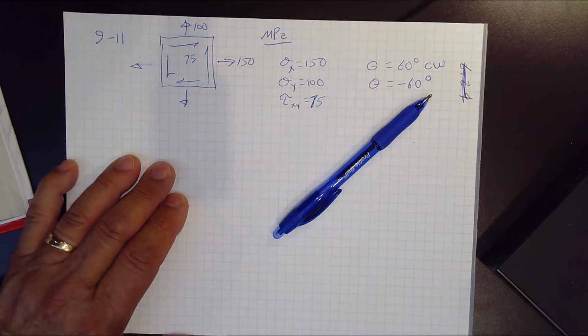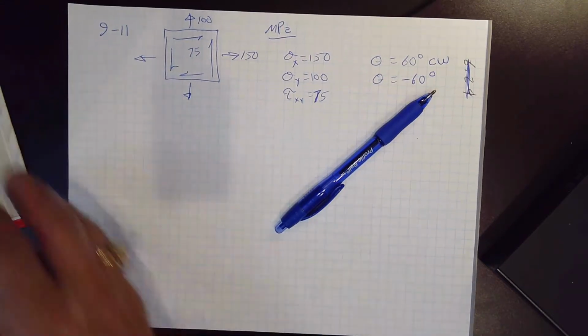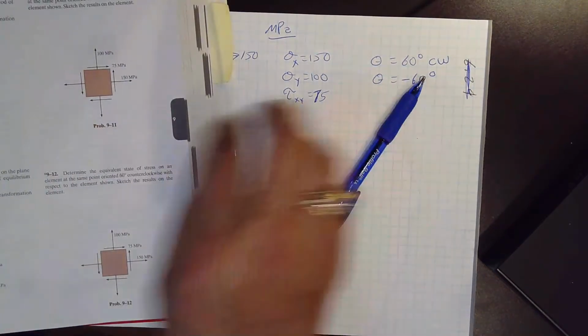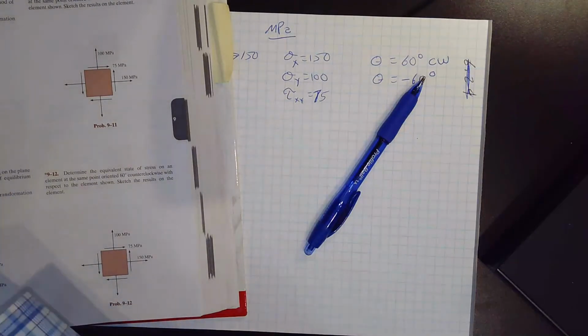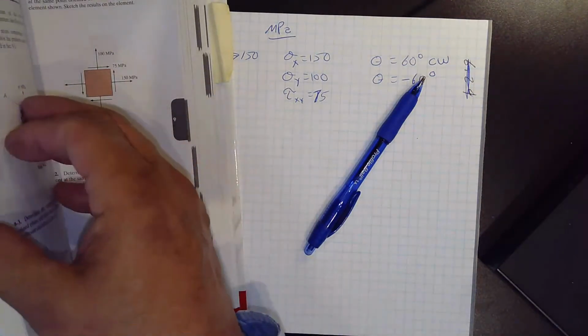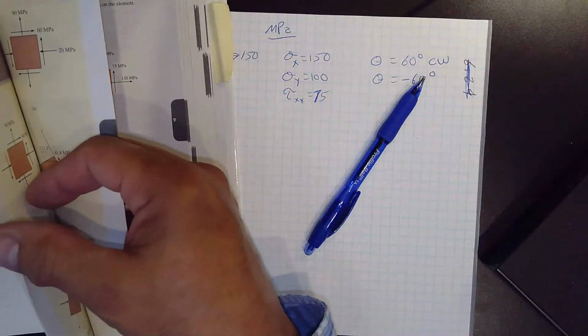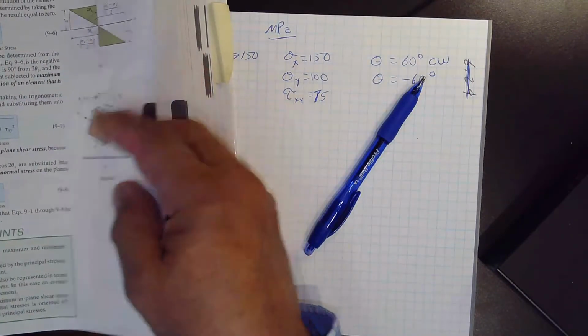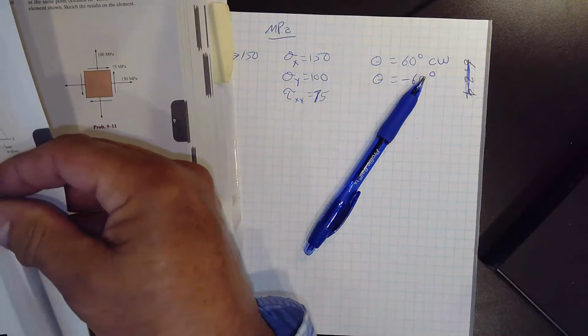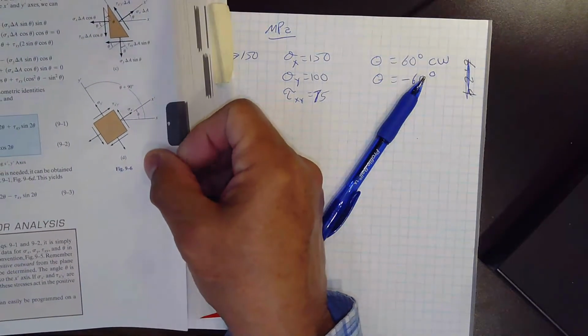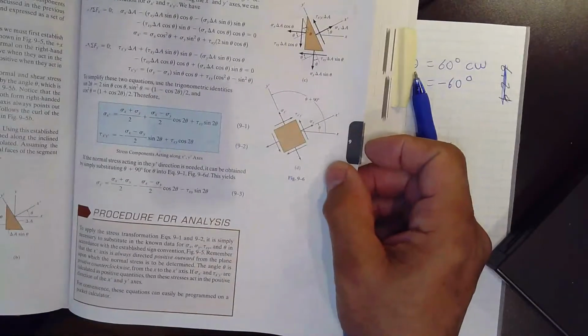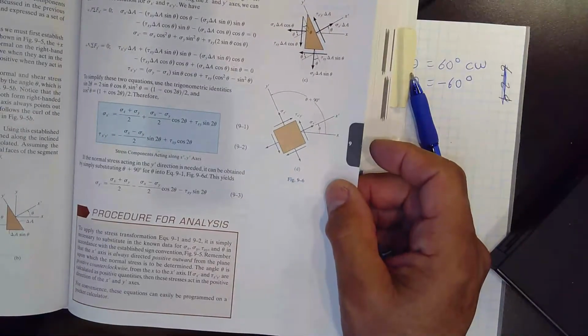And I want to quickly use the equations in the book. The equations, of course, are given to you back here on page 451. They're also in the front of the book.